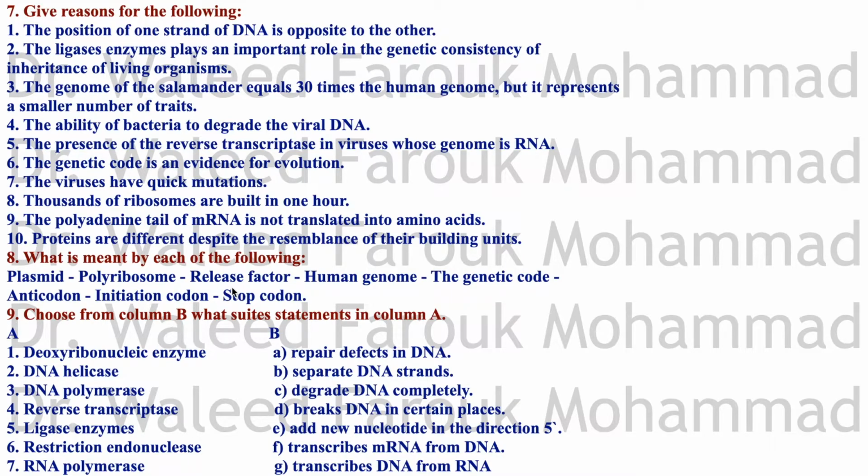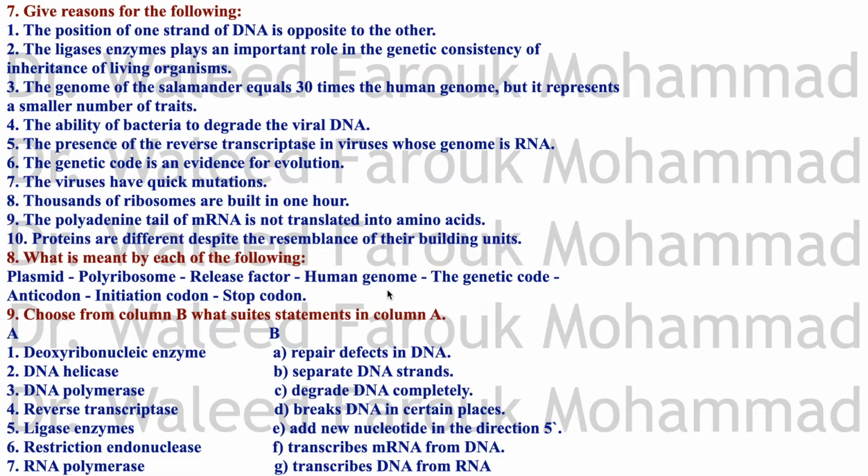A release factor, a special protein, terminates the protein synthesis by binding to the stop codon. A human genome is the total of all genes in 23 pairs of chromosomes of the human cell.